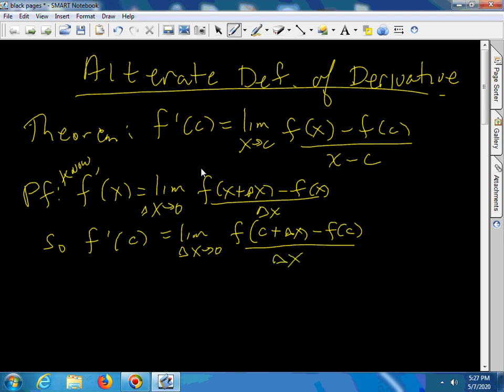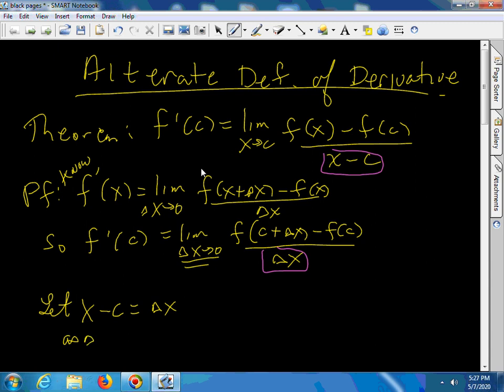And now we're going to make a substitution. Delta x is going to become x minus c. So let x minus c equal delta x. Now, we know that delta x is going to 0.